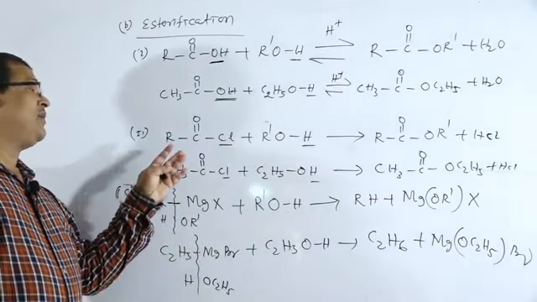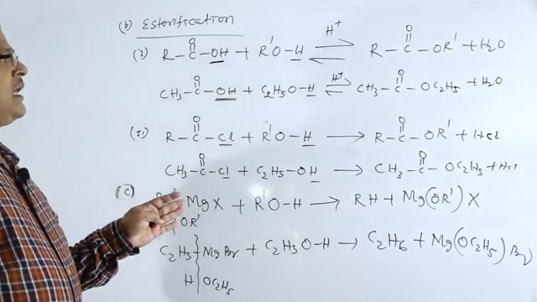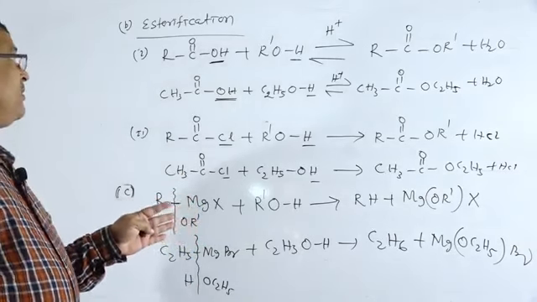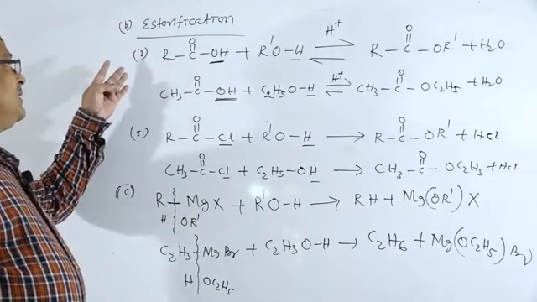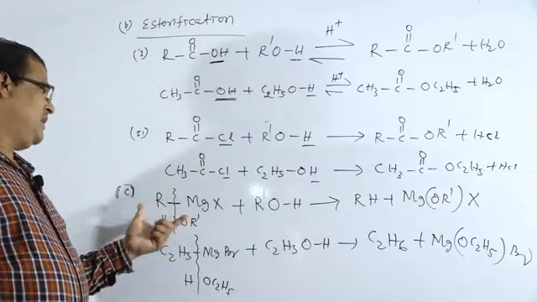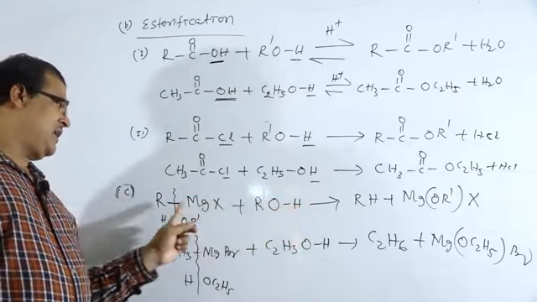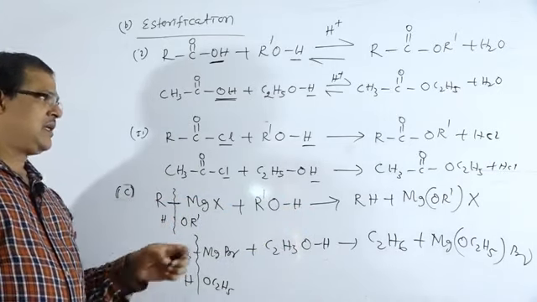So all these are the different reactions shown by the hydrogen atom: esterification, or the formation of alkane, which is also a reaction due to the H part. The H part is added to this side, giving the alkane.